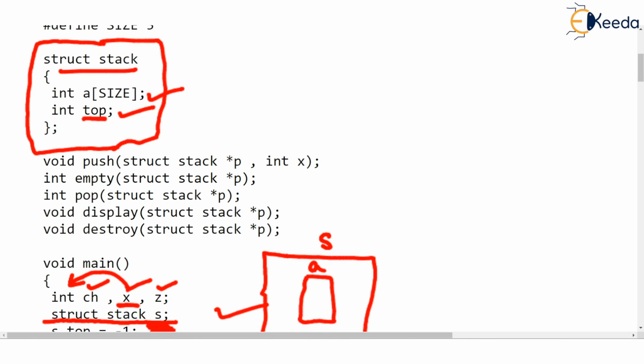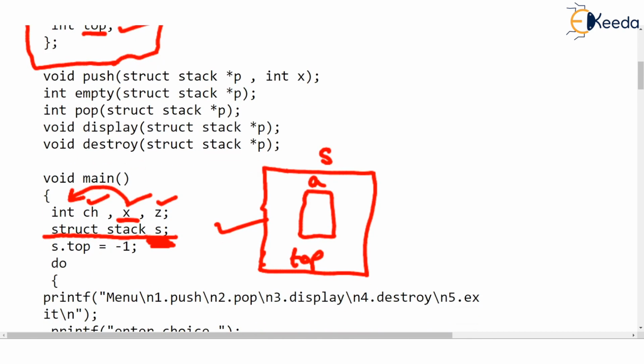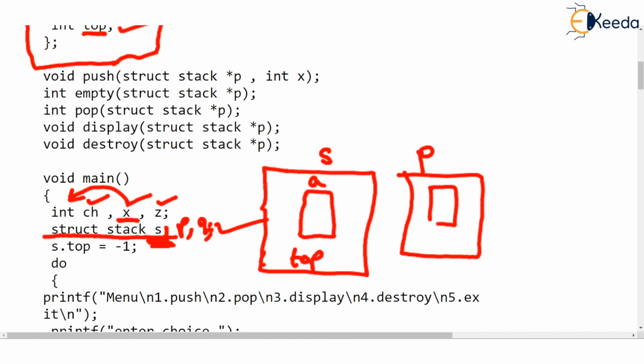Any stack will always have an array of fixed size and a counter called top. So what if I would have written a line like this: struct stack s, p, q. What does that mean? s is a variable, p is a variable, and q is also a variable. All are variables of type stack. That means in the same memory we are going to have p as a big box. This is the structure stack, which will contain the array a and a counter called top.